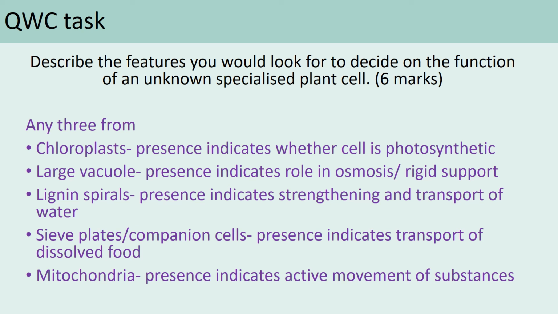So if you saw lots of mitochondria, then it's probably going to be to do with moving substances from one place to another. A good example is in the root hair cells, where you've got to move the minerals from the outside, from the soil, into the cells.